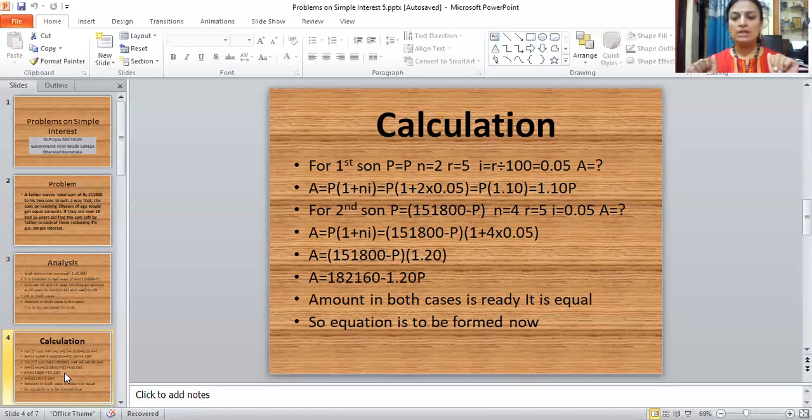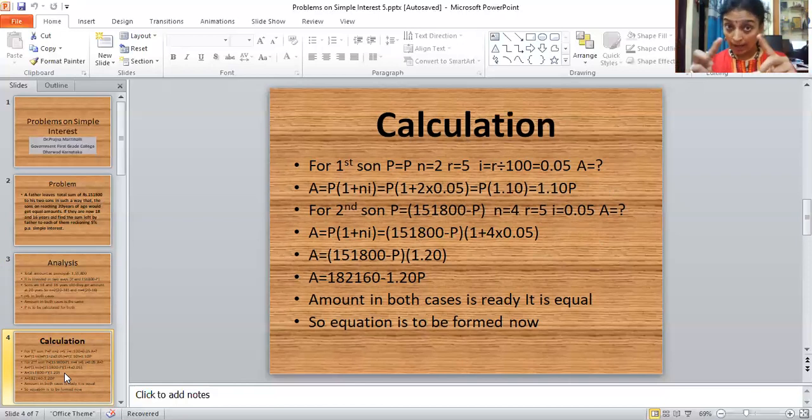Here, I means rate of interest divided by 100. R upon 100. In this case, R is 5%, so I is 0.05. Our duty is to calculate the amount. A is equal to P within the bracket 1 plus Ni. Here N 2 years, I 0.05.